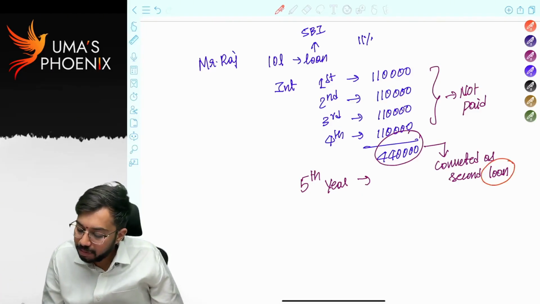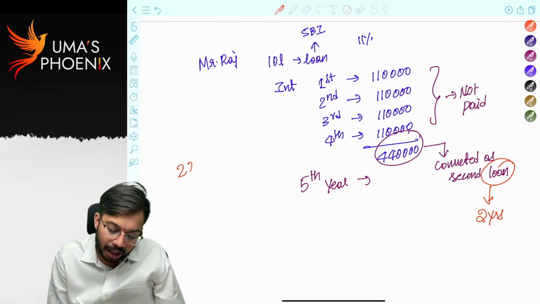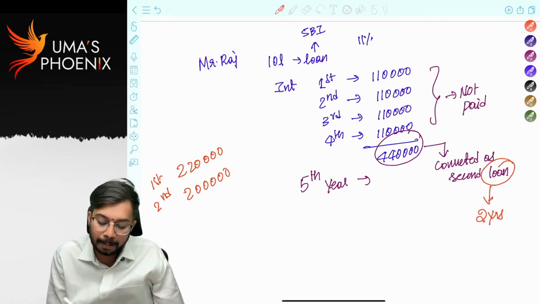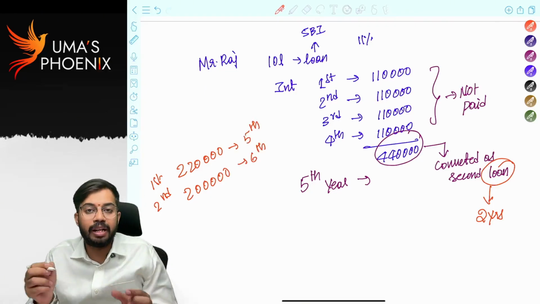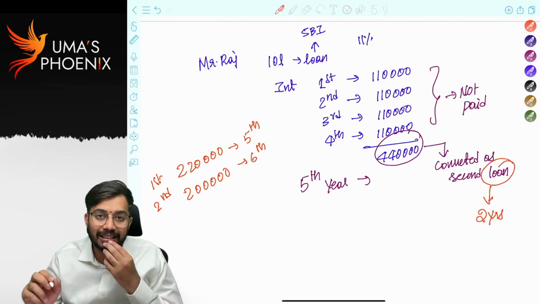Let's say this loan is to be paid over a period of 2 years. That means 2,20,000 in first year and 2,20,000 in second year. So in subsequent years, that means in 5th year and in 6th year, 2,20,000, 2,20,000, if that interest is actually paid, then it is allowed as deduction.